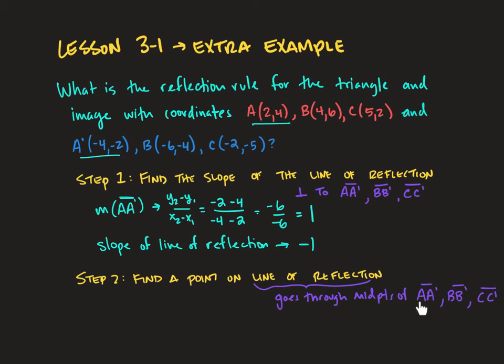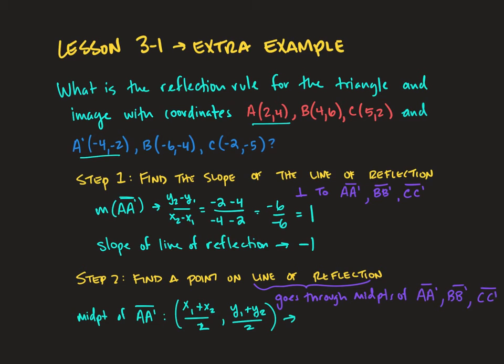So let's find the midpoint of AA prime. Okay, we're going to find the midpoint of segment AA prime. And to do that, we are going to take the x coordinates, add them together and divide by 2, and then we're going to take the y coordinates, add them together and divide by 2.